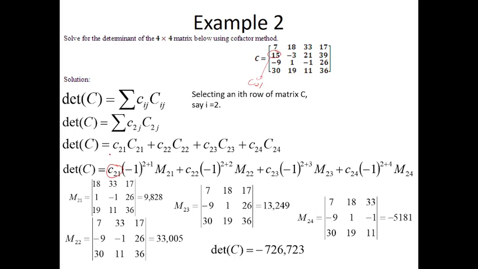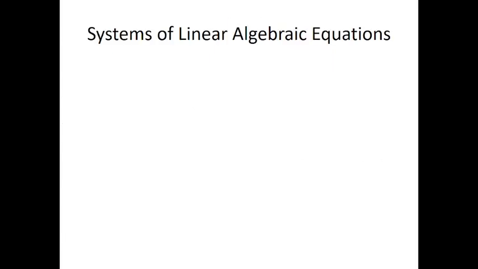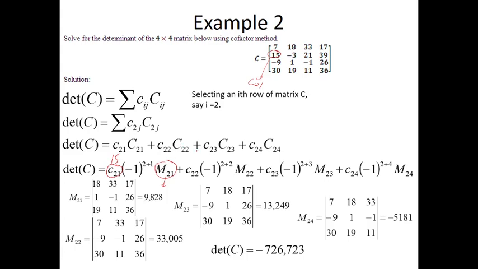So this is 15, then this is 9828, and then this is negative 3, and then this is 33,005.